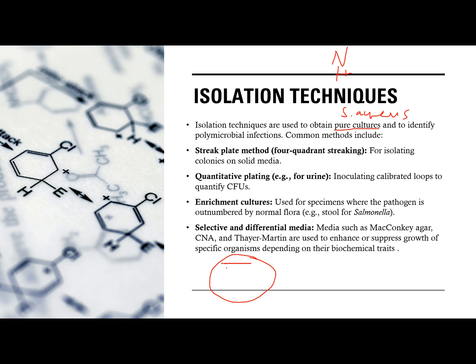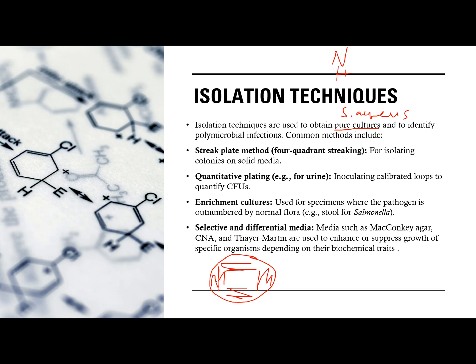Sa streak plate method class, di ba, apat na quadrant yon. Let's say dito sa first quadrant, may white, may blue, may red, may yellow colonies. Sa second quadrant, may white, blue, and yellow na lang. Sa third quadrant, blue and yellow na lang. Sa last quadrant, blue colonies na lang.